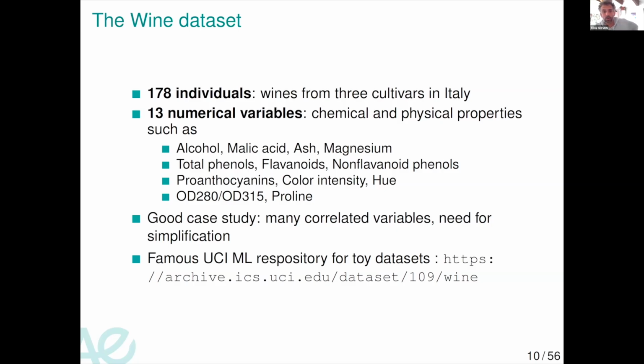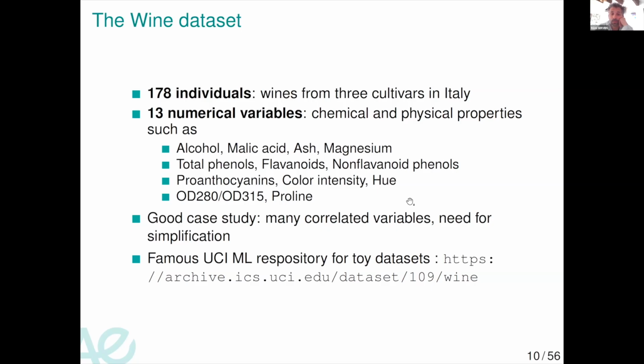The variables represent some chemical or physical properties, such as the alcohol contained in each wine, the percentage of malic acid, of ash, or other variables such as the color intensity, the proline, etc. And this is a good case study for principal component analysis because in these 13 numerical variables, some are very correlated and some bring the same information.